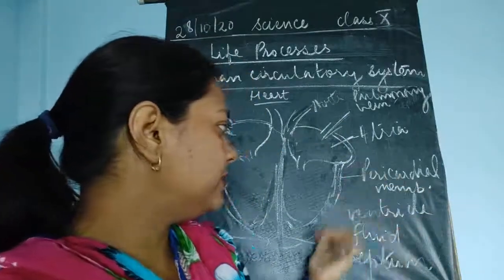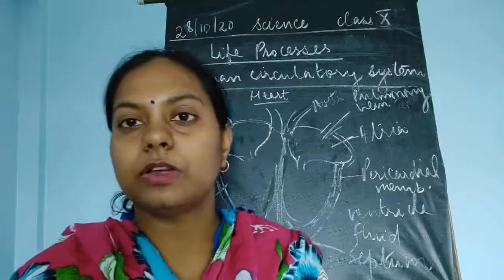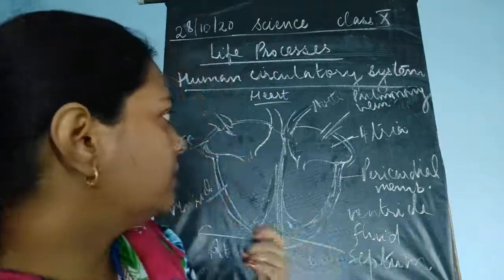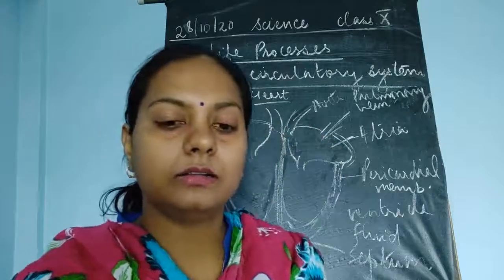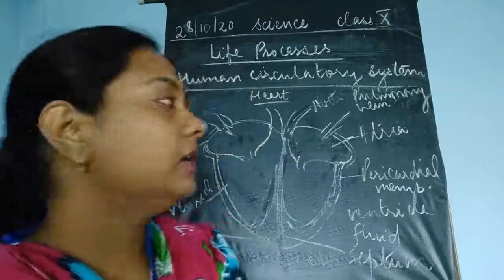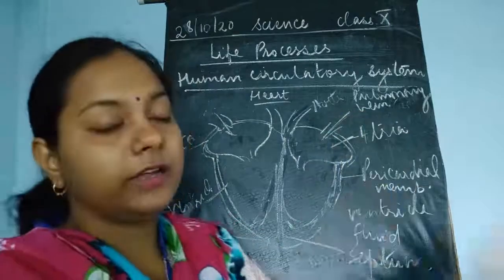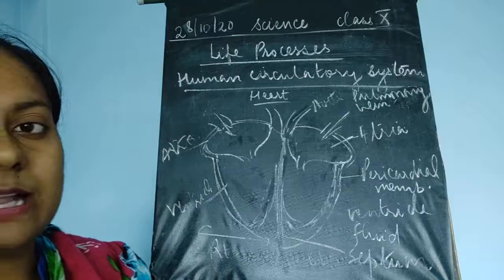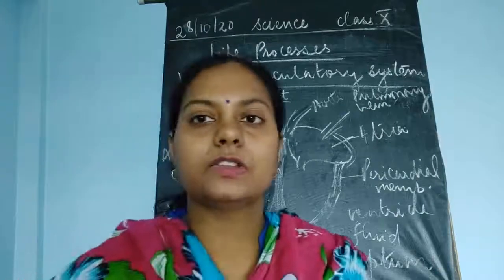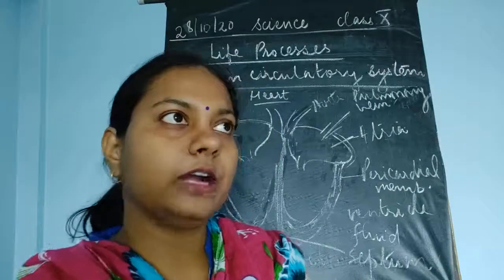The pericardial membrane is filled with pericardial fluid, which helps in absorbing shock. The main vessels are the aorta, the main vein, the pulmonary vein and the pulmonary arteries, which carry the pure blood as well as the impure blood, children. So this was all about the structure of the heart of human beings.